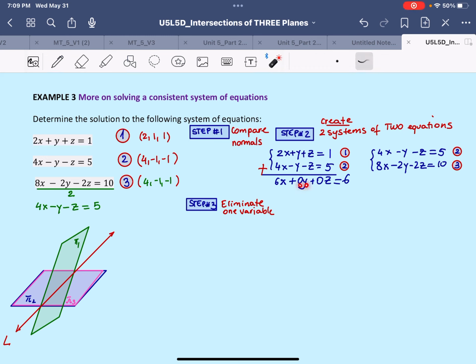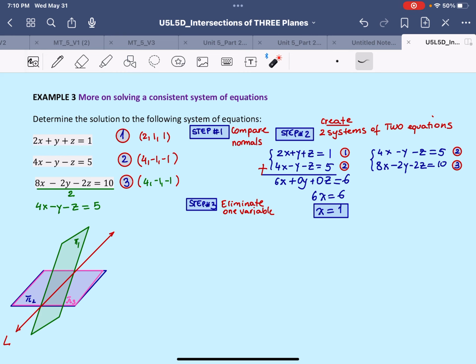Now 0 multiplied by anything is 0, so here we have 6x equal to 6, which gives us actually a real value for x, so x equals 1. It seems that we have found the x value on the common line of intersection, and that would be equal to 1.